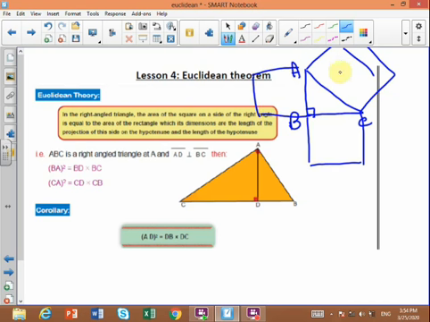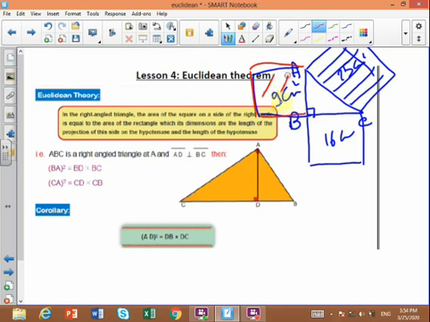If this one is 25 centimeters squared and this is 16, this must be 9. So the area of the square drawn on the hypotenuse is equal to the sum of the other two squares drawn on the other two sides.